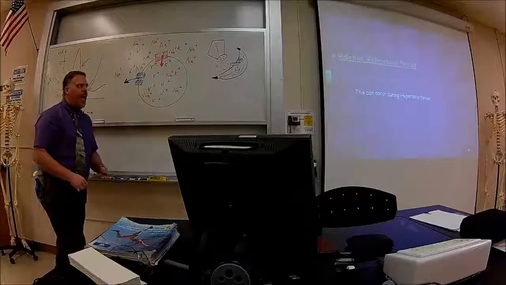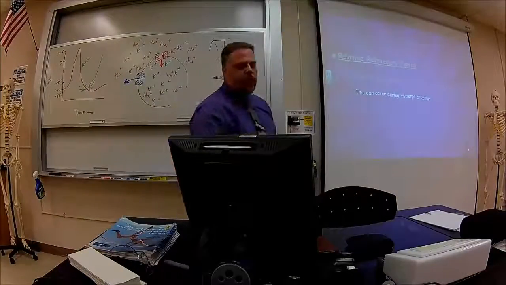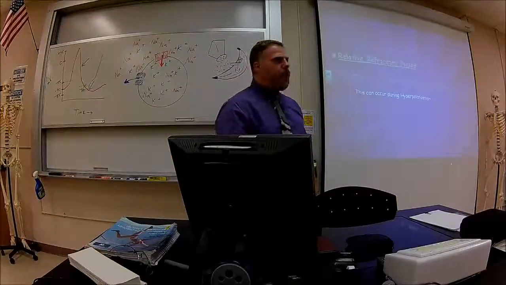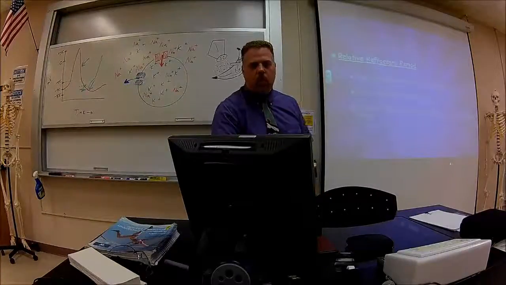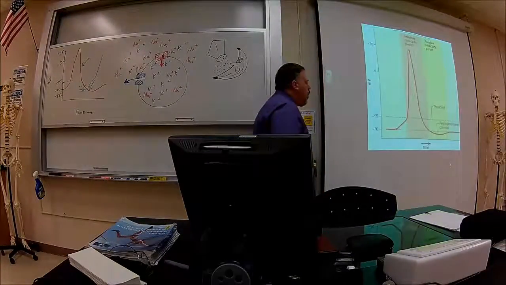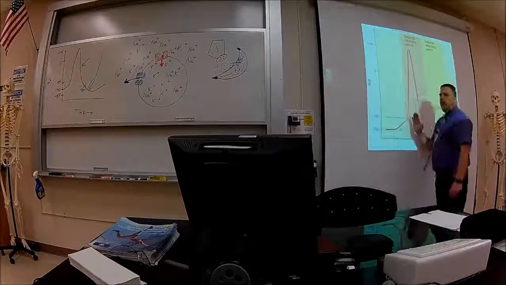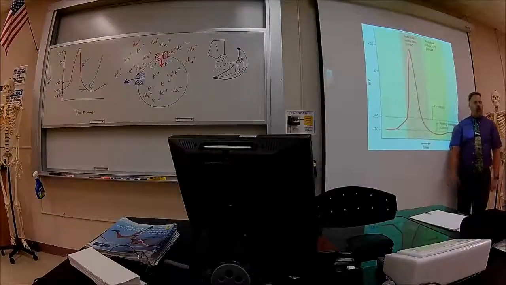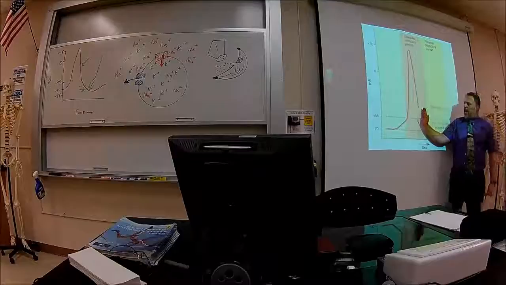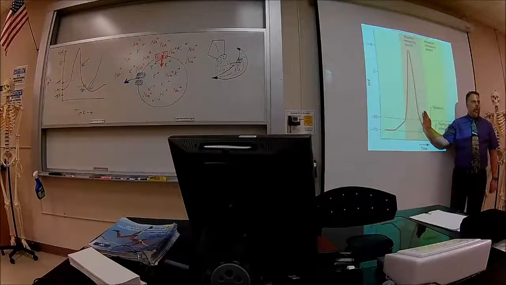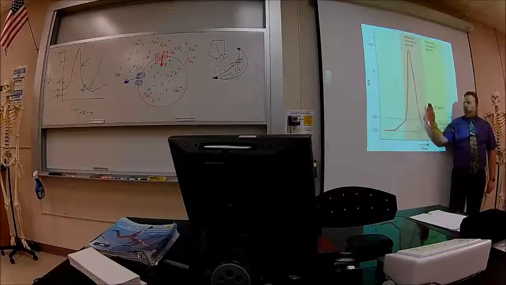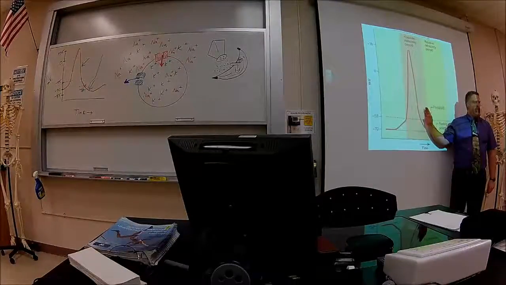We call that a relative refractory period, and it happens during hyperpolarization. This here shows where the absolute and relative refractory periods are. The beige area is the absolute refractory period. There's no way you can fire another action potential during this phase.